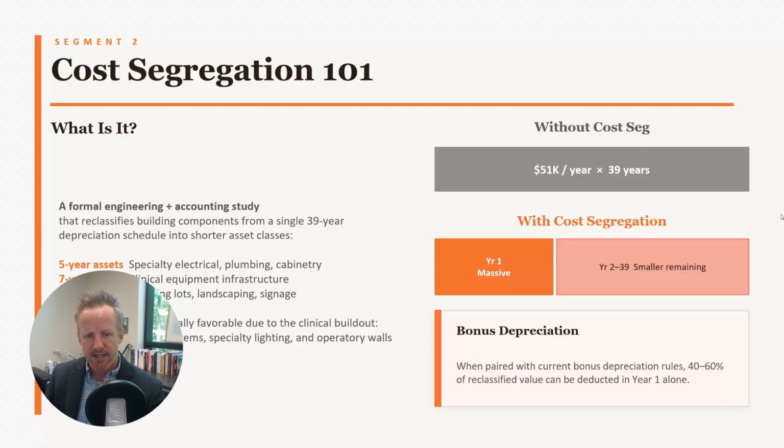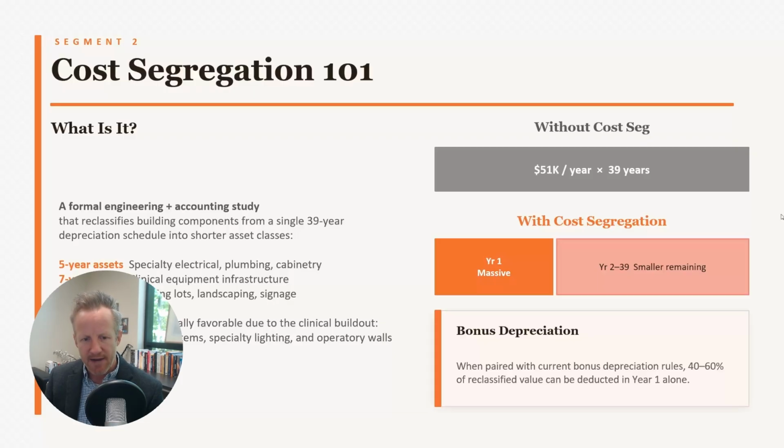When that study is done, they are dissecting that building. They're going through it, looking room by room. They're looking at the wiring, at the piping, at the way the roof is done. They're looking at all of the chairs, all of the X-ray machines, the front office, the cabinetry, the furniture.